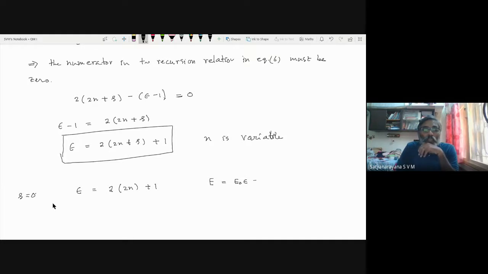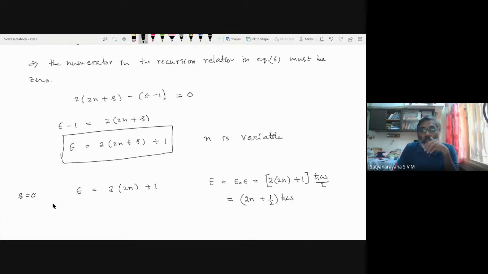And E naught is h cross omega by 2. So in other words, if I pull out 2, you can write this as 2n plus half into h cross omega.